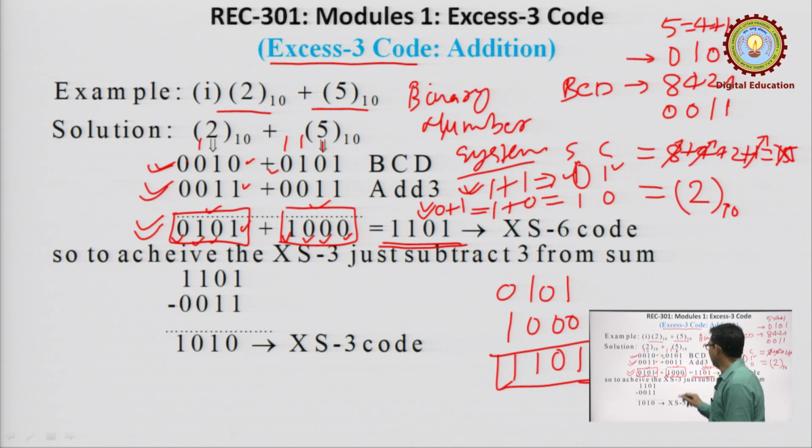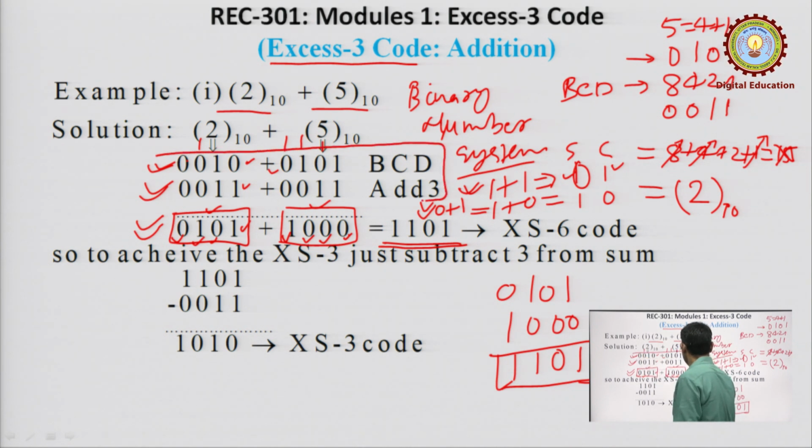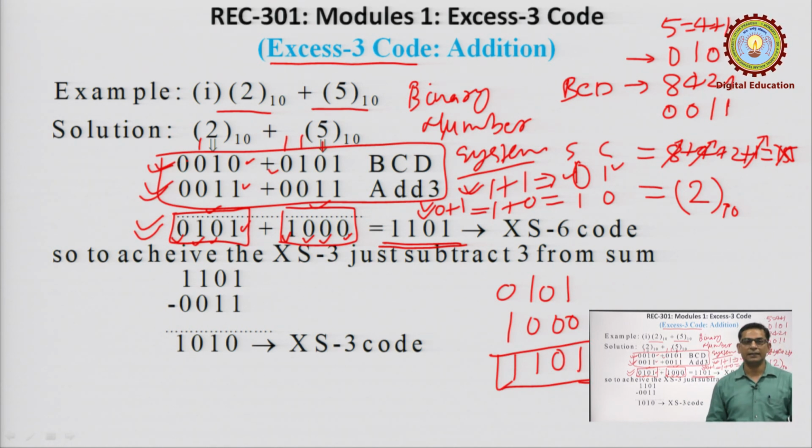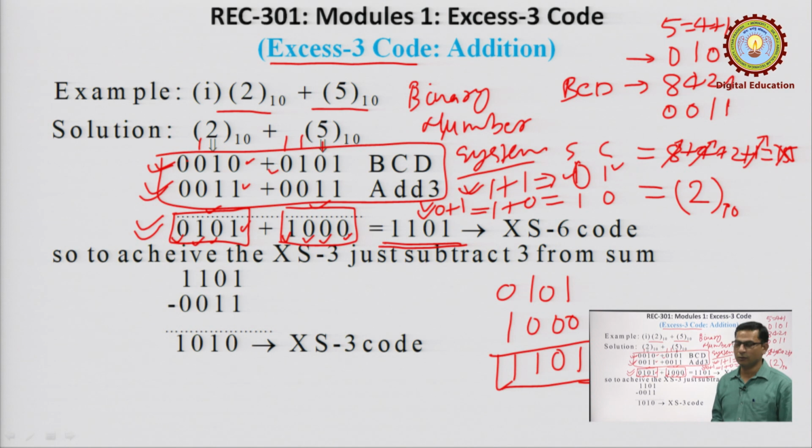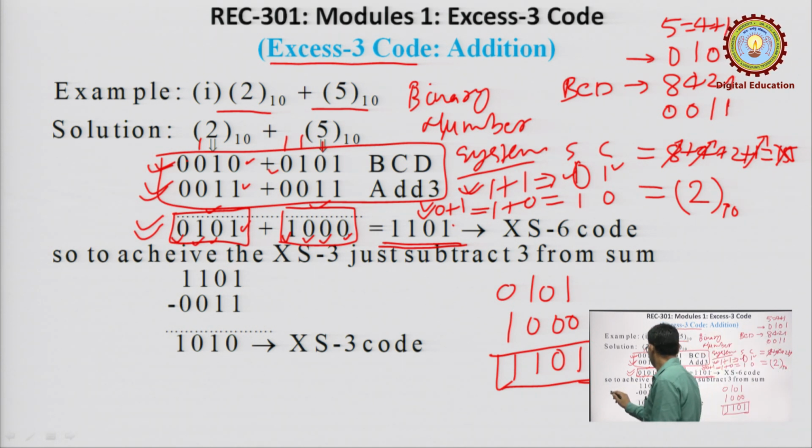Why is this not the answer? Because from this section we can see Excess-3 code represents the 3. If we add the 3 in the BCD code or any decimal number, we will get the Excess-3 code. But from here we can see what is the value of this one. So, this is 1 1 0 1 and this is 8 4 2 1.